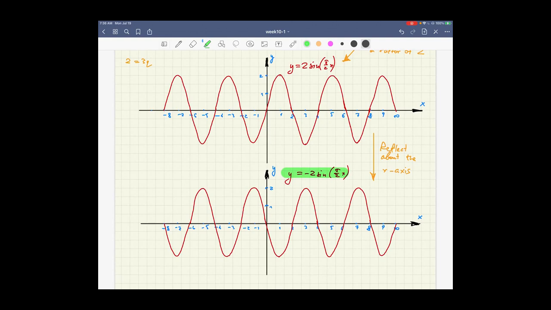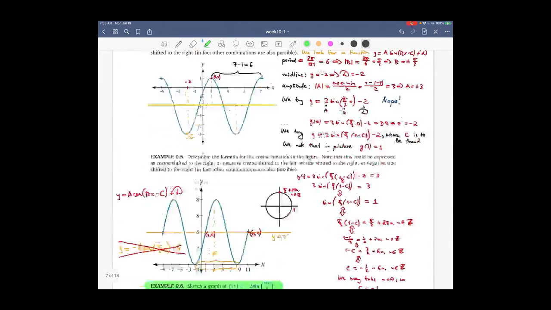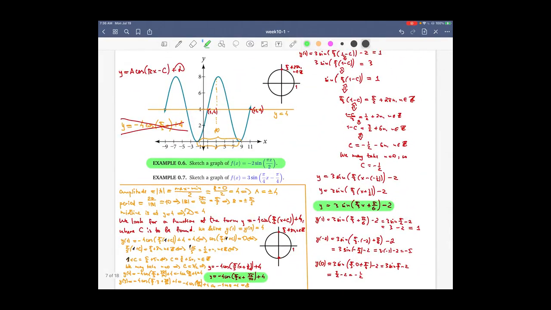All right, now the second sketch. The second sketch was that of the function 3 sine of pi over 4x minus pi over 4. So that will be slightly more complicated.